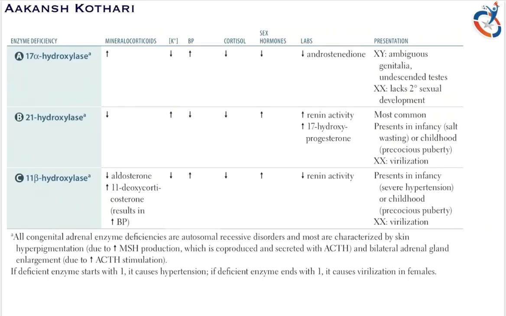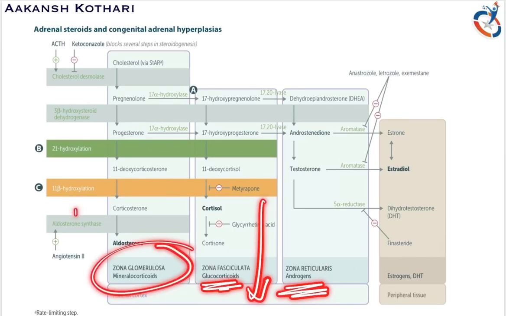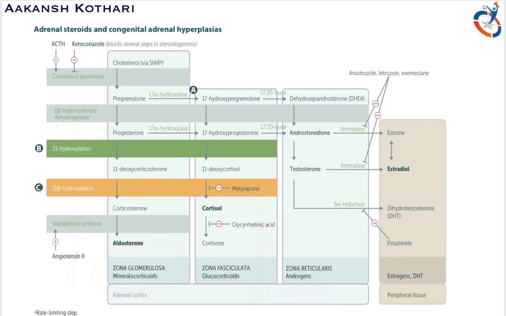Now let us talk about the first, that is 17 alpha hydroxylase. If it is deficient, that means the human body is not able to produce 17 alpha hydroxylase, then the amount of glucocorticoids and androgens will decrease and the amount of mineralocorticoids will increase. Is it clear?